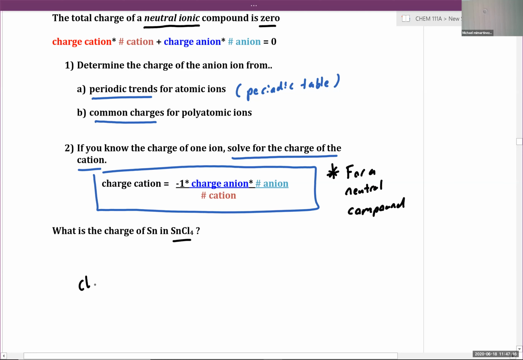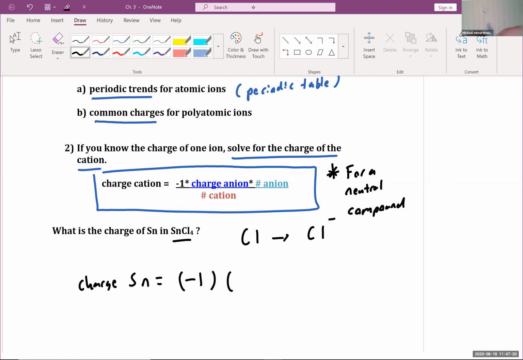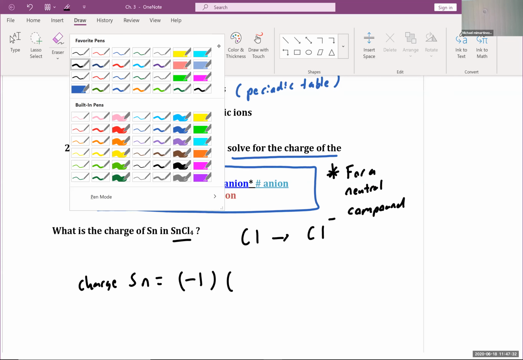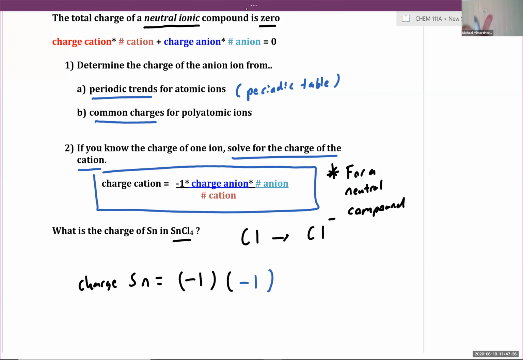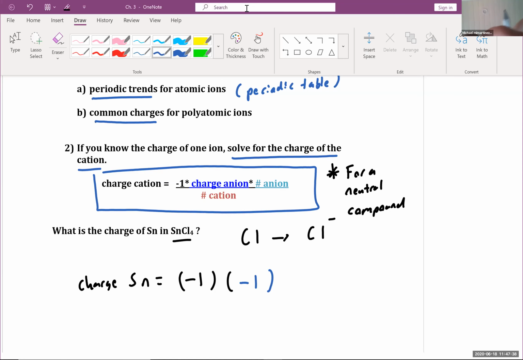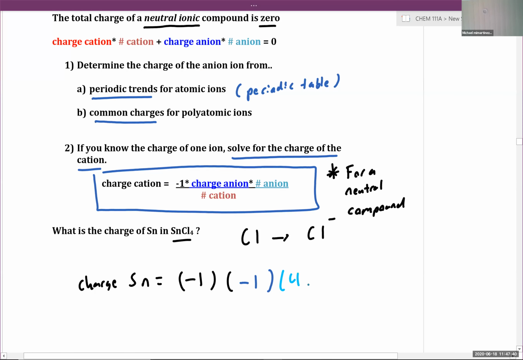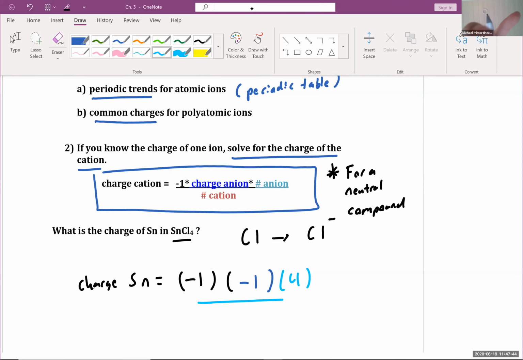So the charge of tin is equal to -1, and we know that chlorine prefers to adopt a -1 charge. So we're going to take -1 times the charge of our anion, which is chlorine, which is -1, times the number of anion, which is 4, over the number of cation.